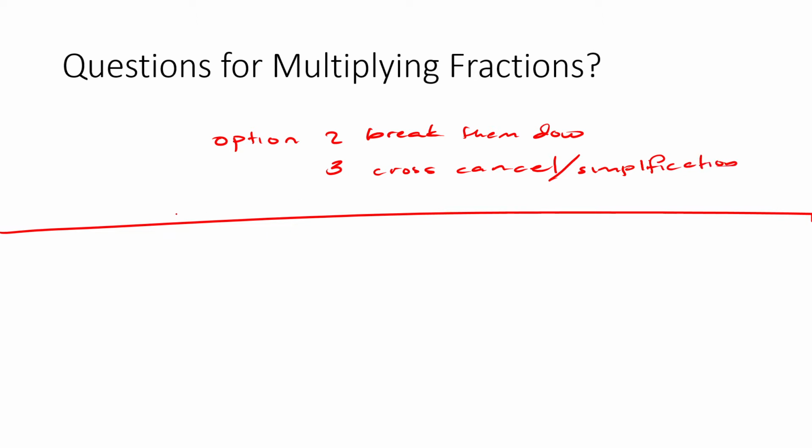Okay, so here's an example. We have 14 over 25 times, let's say, 35 over 49. So option 2 says you break them down.